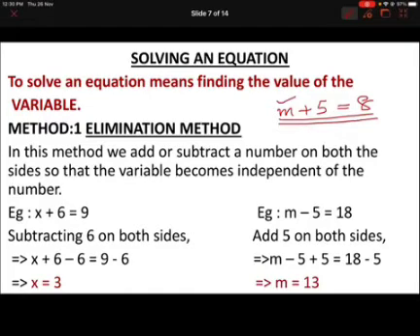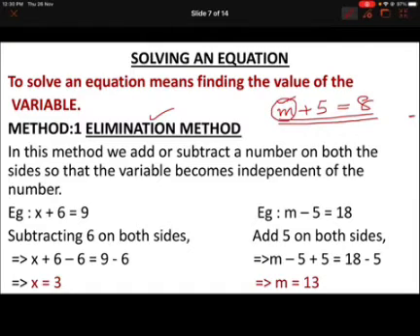Children, an equation is nothing but a balance. Imagine a balance. Now, we have to supply values for m so that this statement is true. In this elimination method, the aim is to make this m independent.